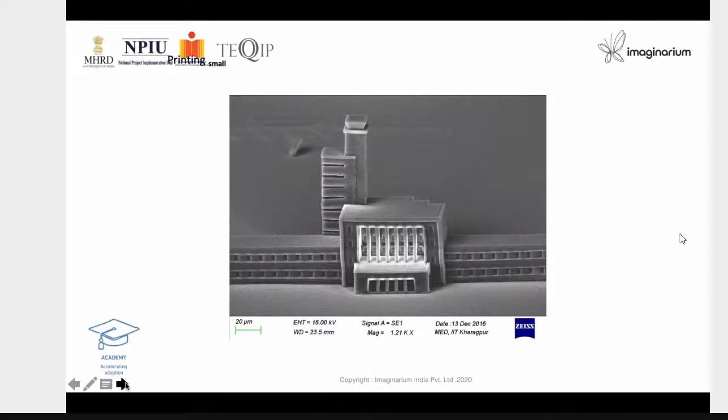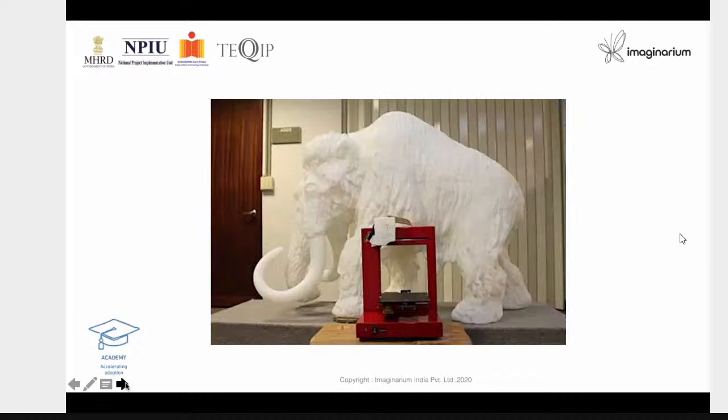You can see in the bottom the green scale, which is 20 micrometer. So with that scale, we can understand that these vertical thin lines are sub-micron size. In fact, whether it is small or big, a 3D printer has the potential to build a lot of big things also.